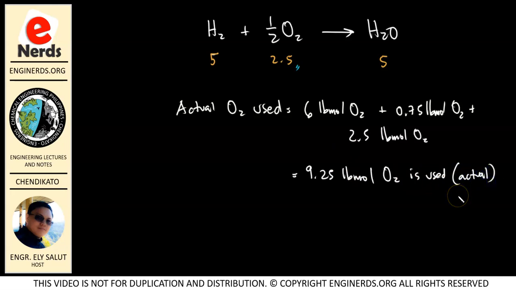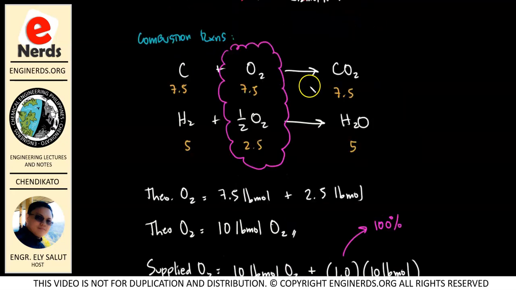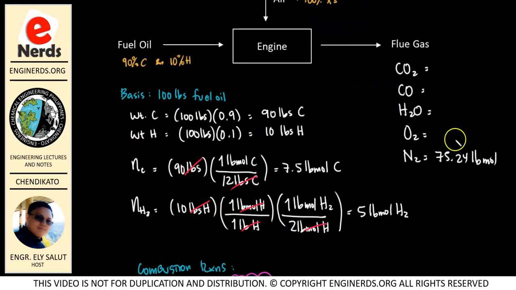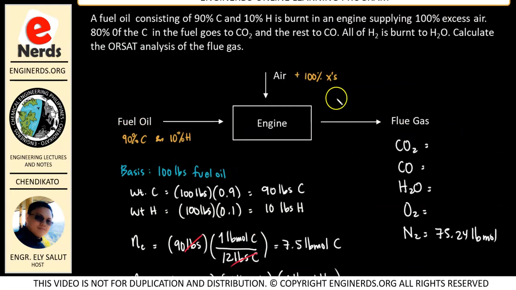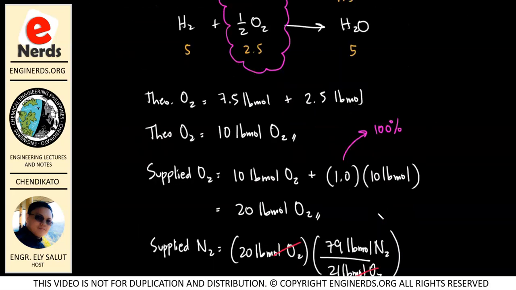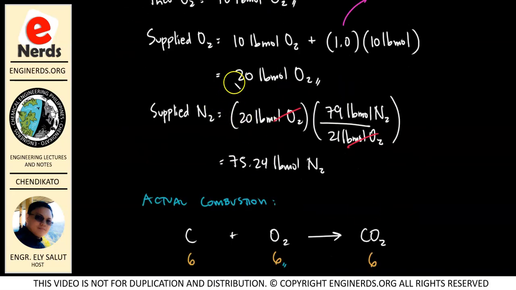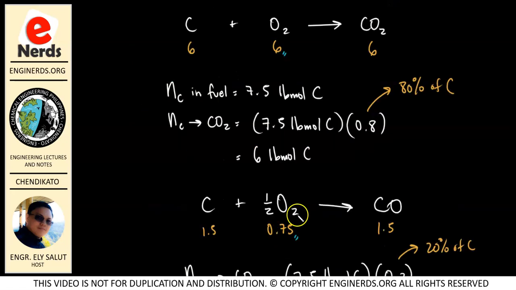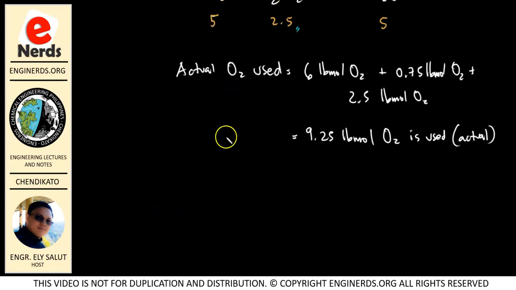Actual yan. Now, sabi natin kanina, meron tayo ditong unused O2. Di ba? Dahil hindi naman lahat ng ating oxygen is nagamit for combustion. So, we have supplied O2 of 20 pound moles. Okay? So, our supplied O2 is equal to 20 pound mole of O2.